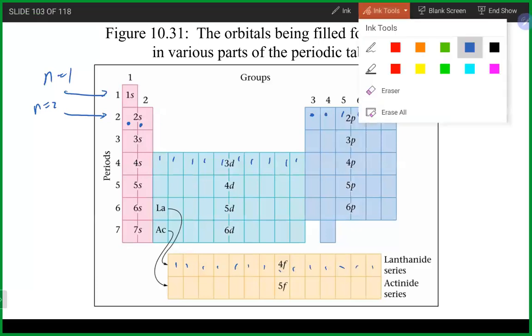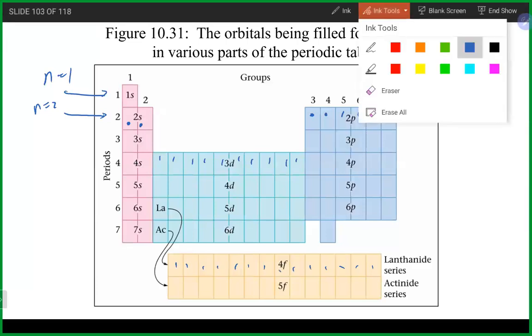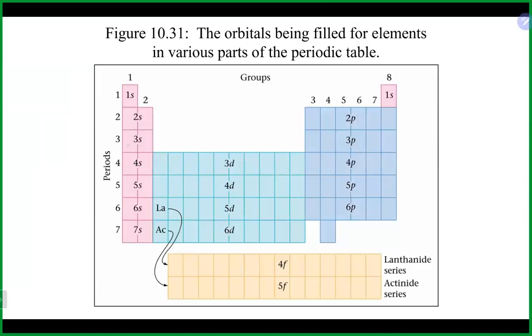So if you wanted to look and count off electron configuration here, let's just say we wanted to get over here to sodium, which is right about there. You would start here and go 1s2 to the end. This would be 2s2, 2p6, and 3s1 would be the electron configuration.